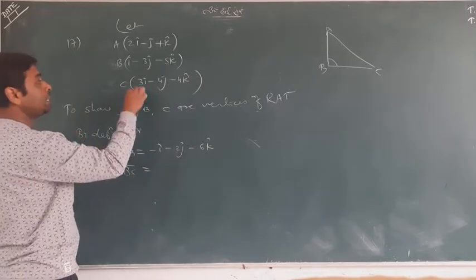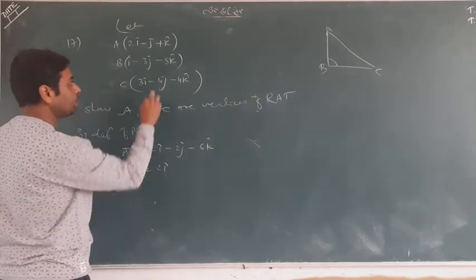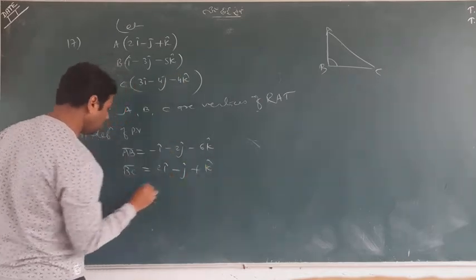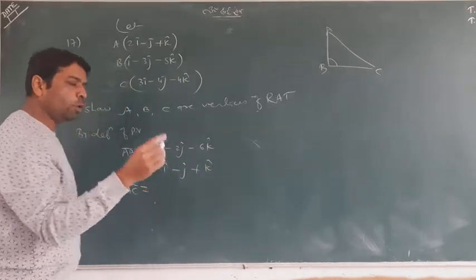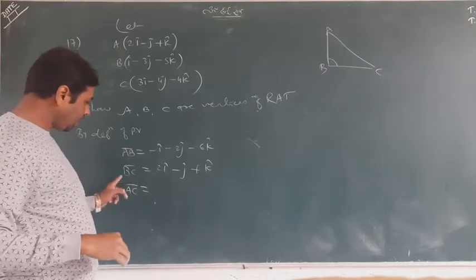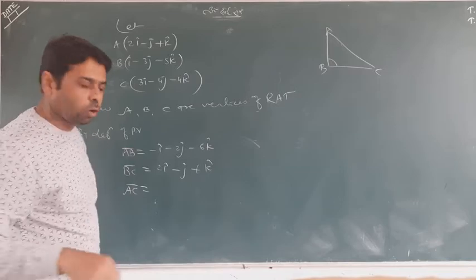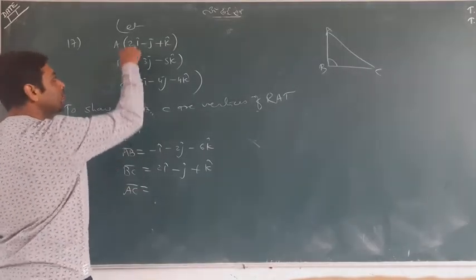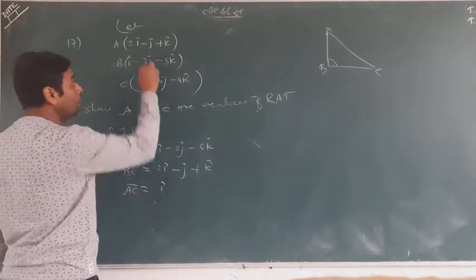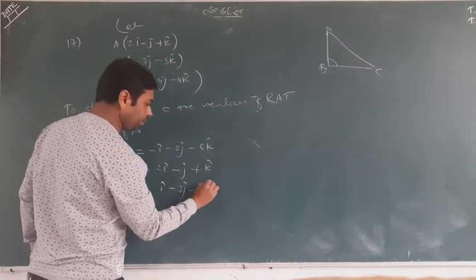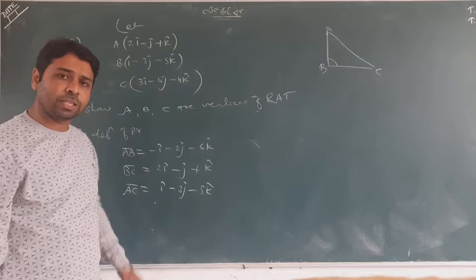BC is C minus B, 2i minus j plus k. You can also find BA, CB, CA, something like that. No matter at all about the order. So AC is C minus A, i minus 3j and minus 5k. This you got AB, BC and AC.